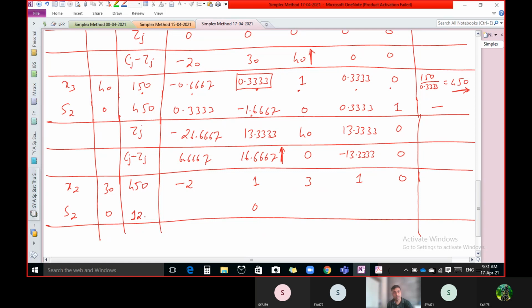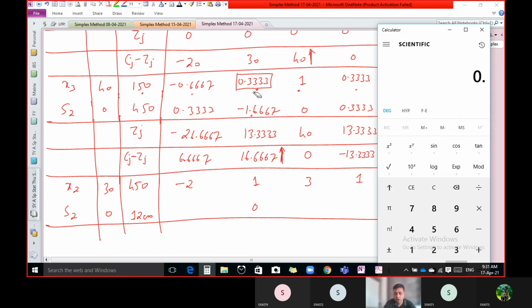Okay, so 1200. Now this calculation, what we have to do? 0.333 minus what? This into this, that this is negative, so negative positive, divide by this. So let us do the calculation. 0.666666 into 1.666666 divide by 0.333333, we get 3.333333.